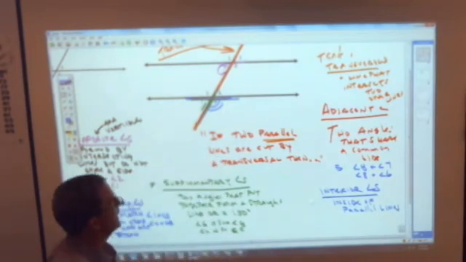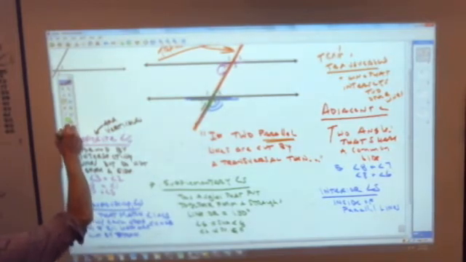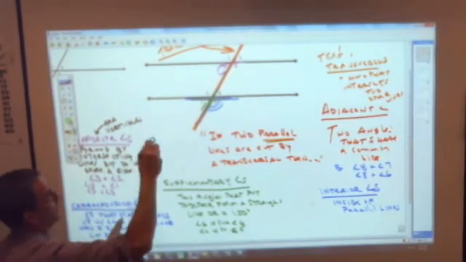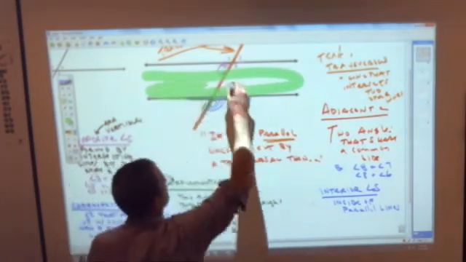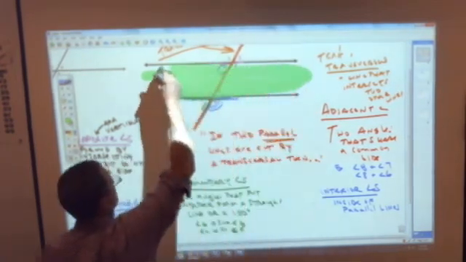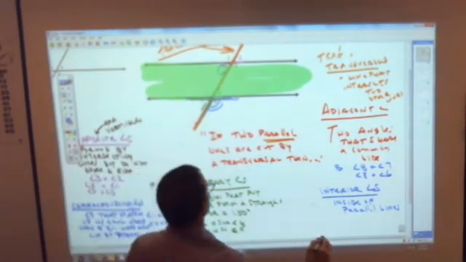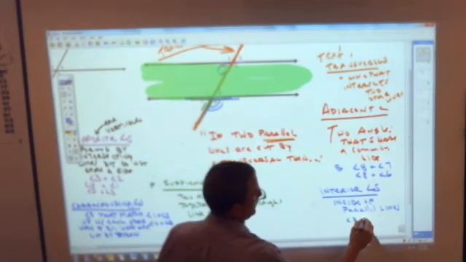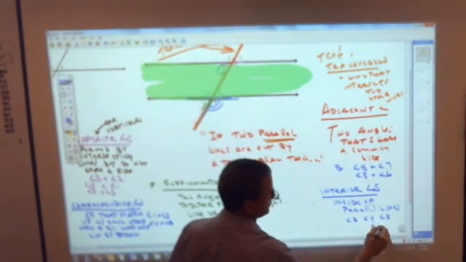And I shall show you that with great fervor. If you look at the parallel lines, this is the interior part of the parallel lines. So what are my interior angles? Interior angles are angle 3, angle 4, angle 5, and angle 6.